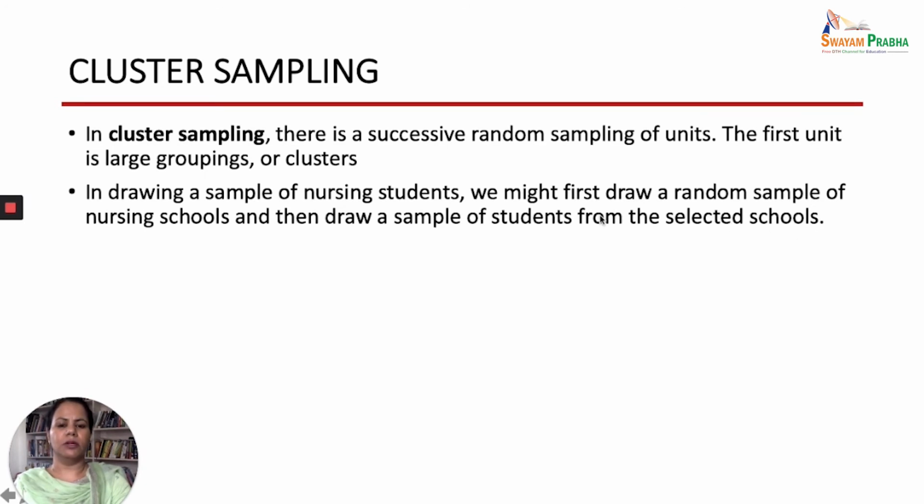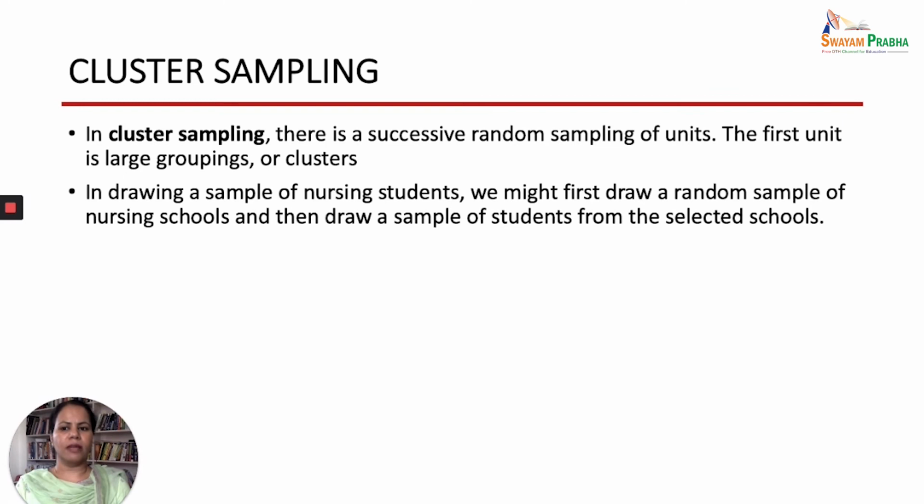So it might be difficult if you need to get the nursing students from a state. There might be a number of nursing students and nursing schools in a state. So what you can do is make one cluster of nursing schools and the next cluster of nursing students.